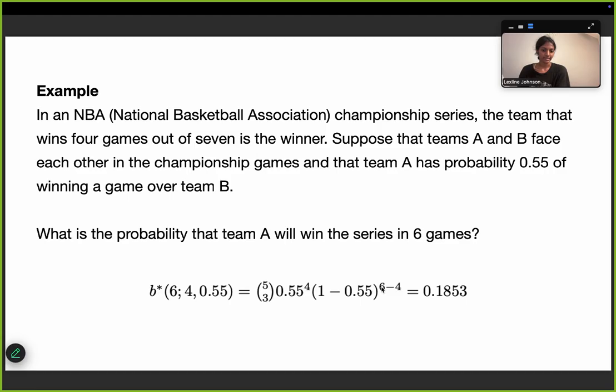Our x is 6, our k is 4, so 6 minus 4 is 2, and then we just solve it and we get 0.1853.